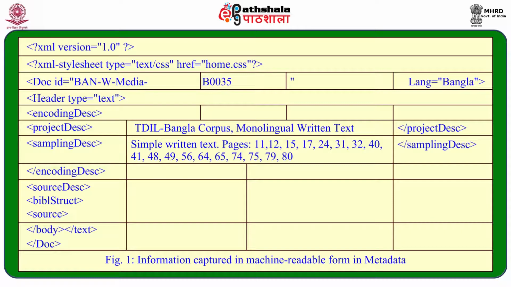So after the file name is assigned, we had to start the task of data editing. But before that, we had to give the header file. For each text file, there is a header file. The header file actually contains a large amount of metadata.